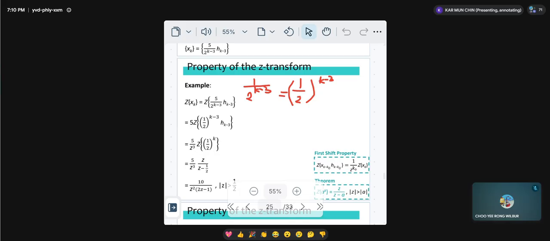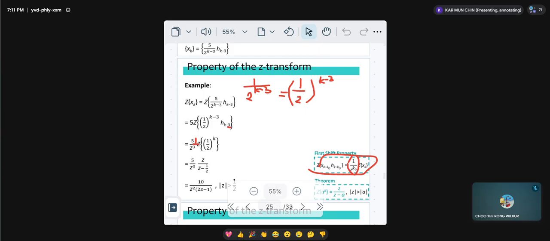So for the whole term, if you want to do the Z transform, you refer to this. Now you know that your k0 equals 3, so you can bring the k0 term out. The k0 term will be 1 over Z to the power of 3.